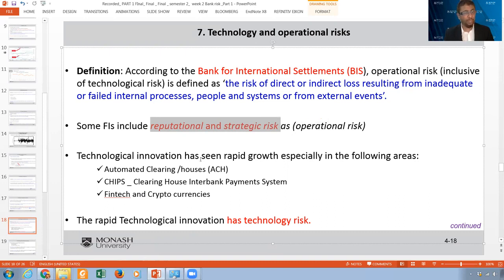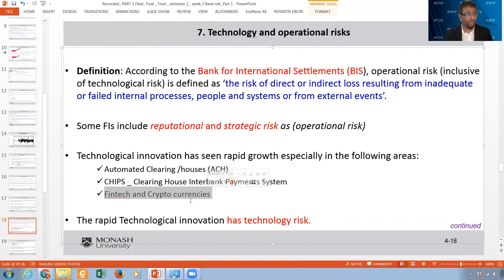Now, technology risk has seen rapid growth, especially in the following areas. We know the automation in the payment systems. We can see it in the clearing houses. FinTech is a huge thing now, and we have this huge issue of competition from all those startups, and the blockchain is going to do so many things.